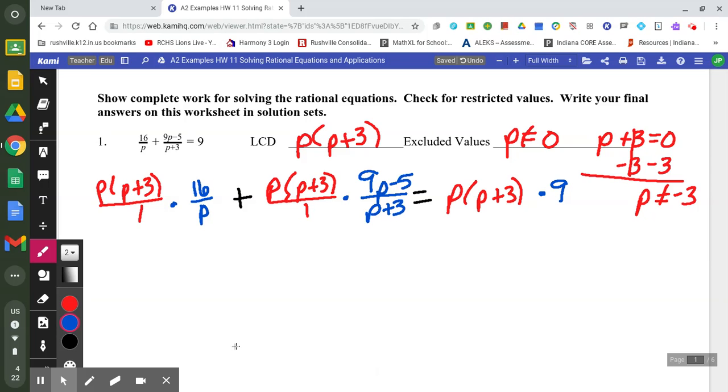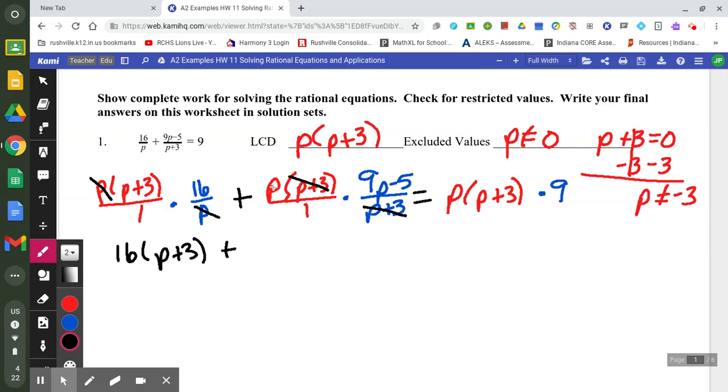So once I have my equations set up with the least common denominators in there, then I'm ready to start canceling. So here there's a plain p on top, a plain p on bottom. So that leaves me with 16 times p plus 3, plus, and then here I have p plus 3 on top, p plus 3 on bottom.